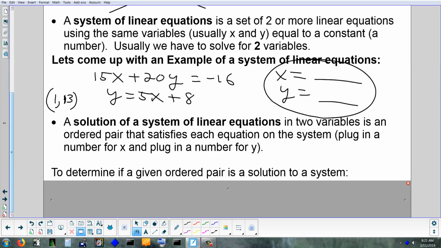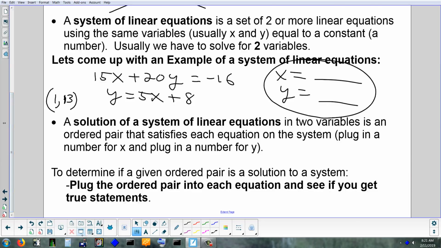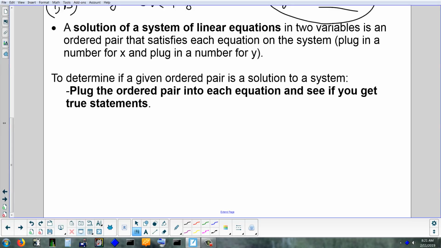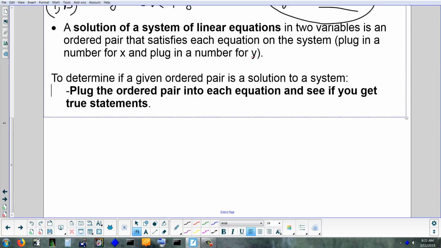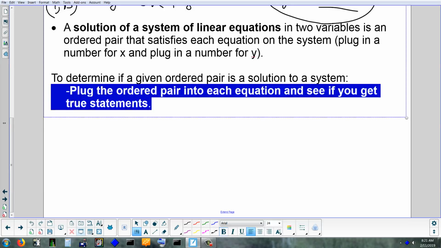So to determine if a coordinate or an ordered pair is a solution, we're going to do the following. Let me move this up a little. All you have to do is plug in the ordered pair. Plug in the X, plug in the Y. That's why in the warm-up we had you guys plug in for 2 letters at the same time, because that's exactly what you're doing here. Plug the ordered pair into each equation and see if you get a true statement.